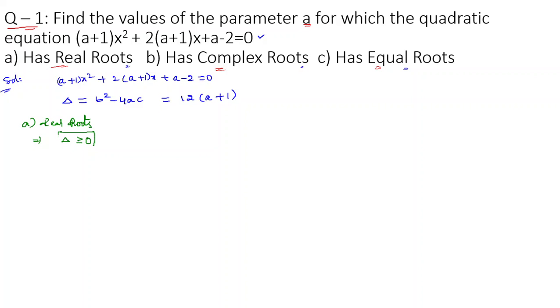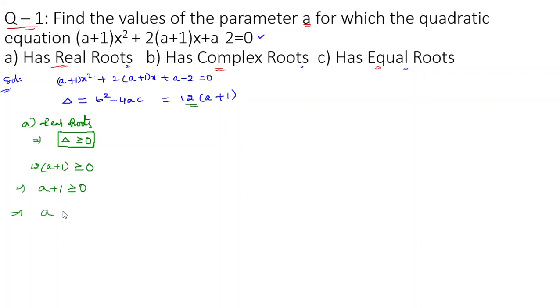When its discriminant is greater than or equal to 0, the quadratic equation will have real roots. So our discriminant here is 12 into (a plus 1). So this must be greater than or equal to 0 for the given quadratic equation to have real roots. So this implies a plus 1 must be greater than or equal to 0.